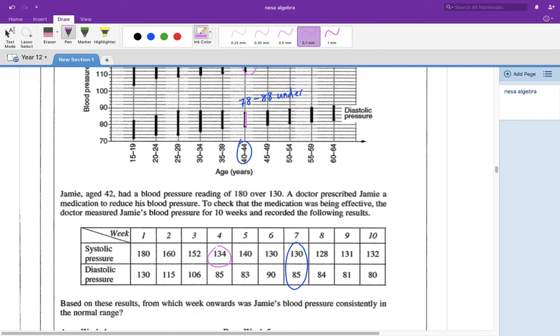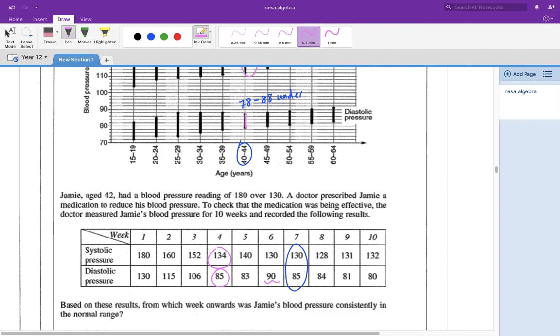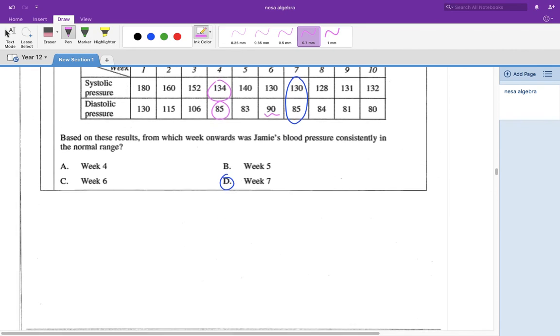For the bottom one as well, even though it was normal in week 4, it started going up in week 6. So we need to look for something that stably goes down, which actually starts in week 7, because from week 7 on, all these 4 pairs of numbers are in the normal range.